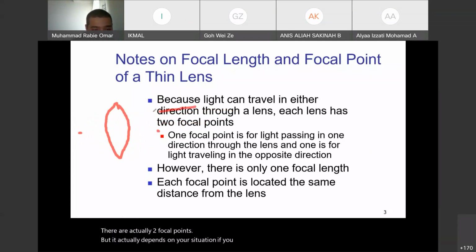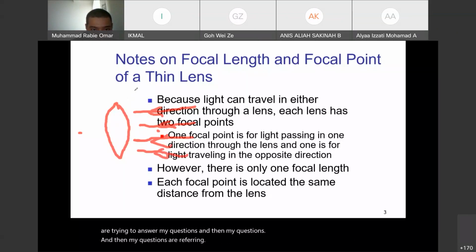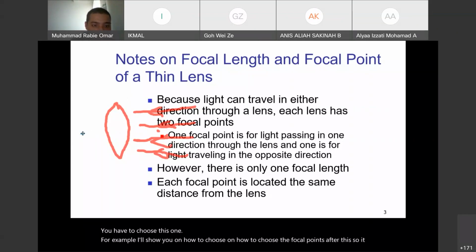Let's say you have a problem you are trying to answer, and the question refers to light rays coming from the right hand side, then you have to choose this one. I'll show you how to choose the focal points after this. So it depends on the situation.